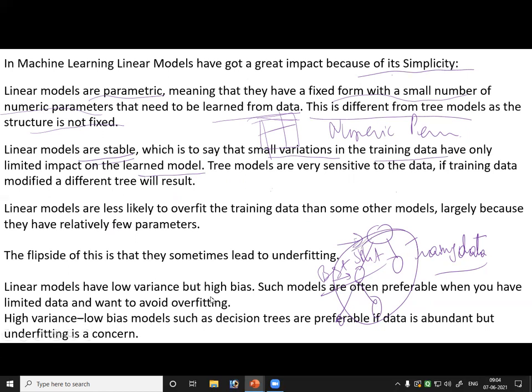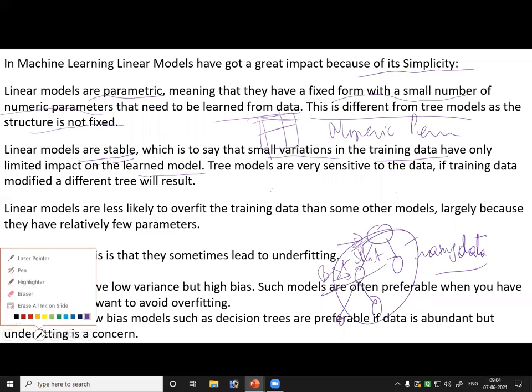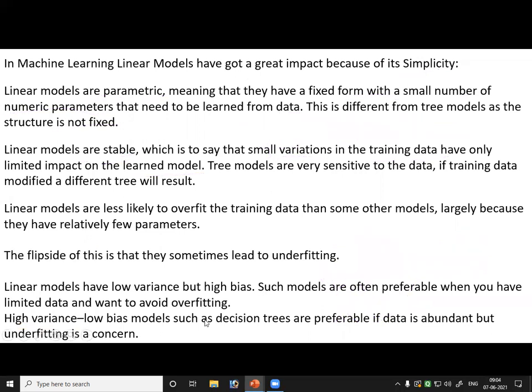Linear models are less likely to overfit. Whereas tree models have a 100% possibility of overfitting. Whereas linear models are less likely to overfit. But they also suffer from underfitting.